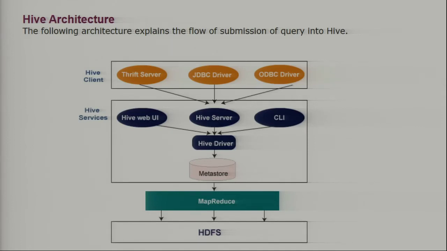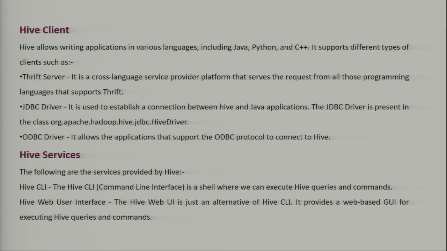We'll go one by one through what each of these points or components means. First, the Hive client. Hive allows writing applications in various languages including Java, Python and C++. So it supports different types of clients such as the Thrift server. What is the Thrift server?